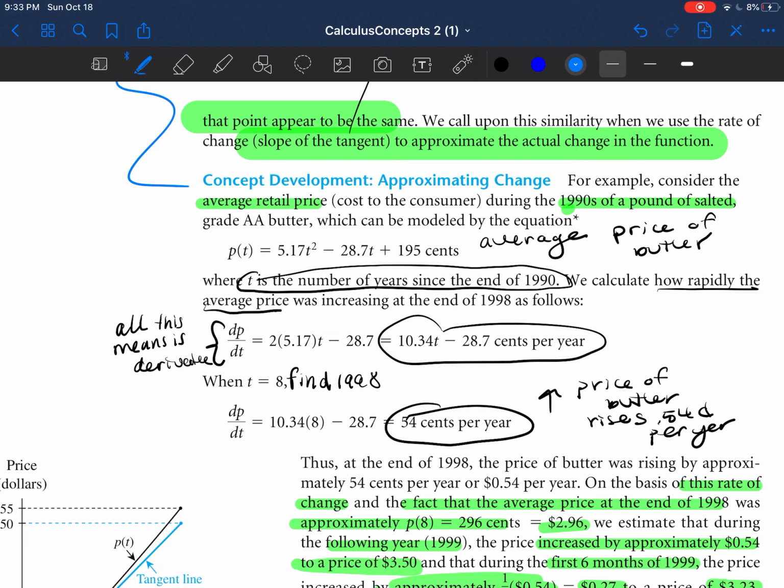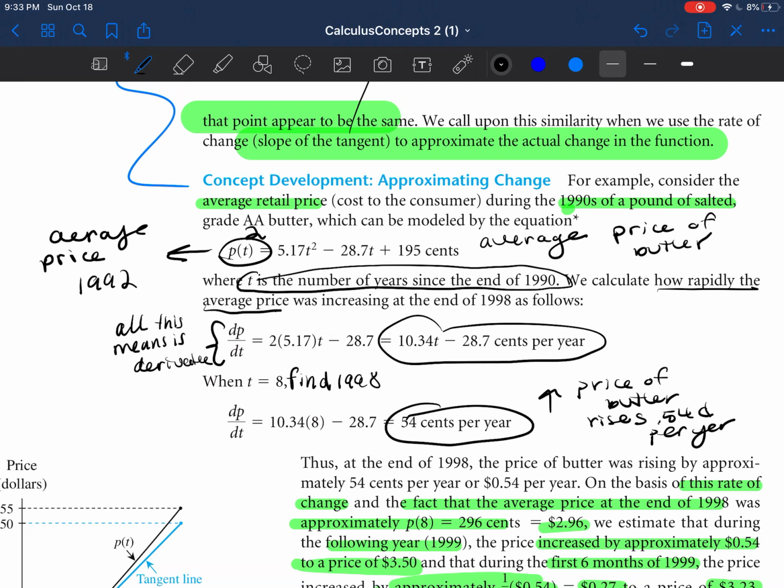During the 1990s, the price of a pound of salted grade AA butter can be modeled by this equation. This is the average price of butter. You plug in the year from the 1990s, so let's say it's 1992 and you want to find the price of butter.